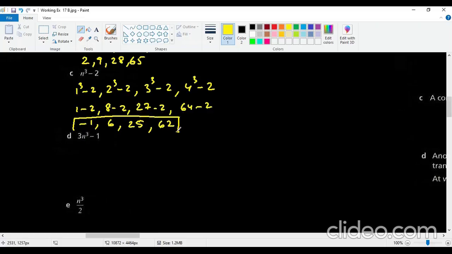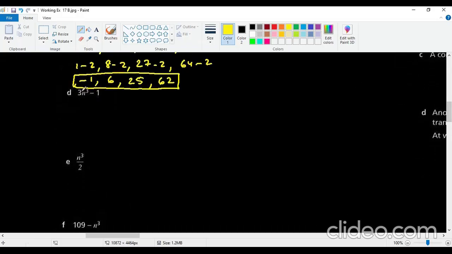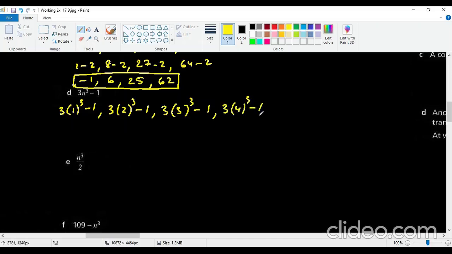Now comes part D. In here, 3 times 1 cube minus 1, 3 times 2 cube minus 1, 3 times 3 cube minus 1, and 3 times 4 cube minus 1. So this gives you 3 times 1 is a 3 minus 1. This one is 3 times 8 is a 24 minus 1. 27 times 3 is going to give you 81 minus 1.